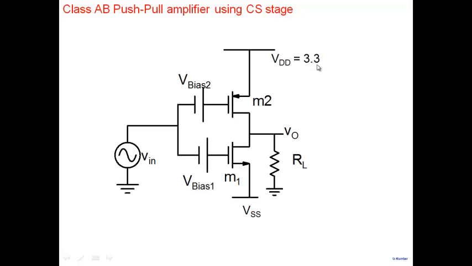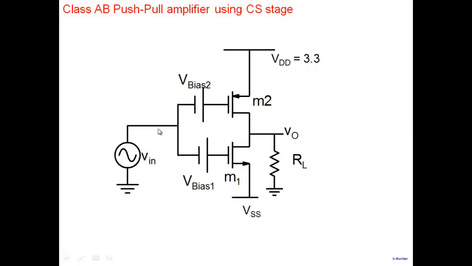Vt is about 0.7, so I need to apply 2.5 or 2.6 volts here, and that will keep M2 just at the threshold. Similarly, I need to apply minus 2.6 or so to keep M1 just at the threshold. So I need these batteries to keep M2 and M1 very close to the threshold.